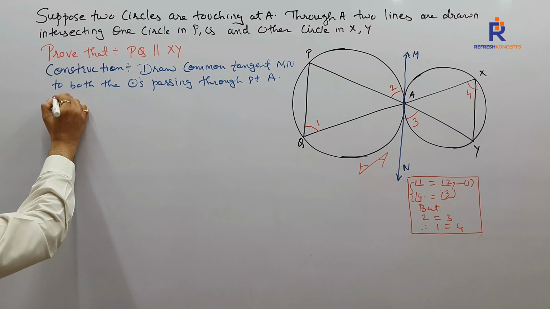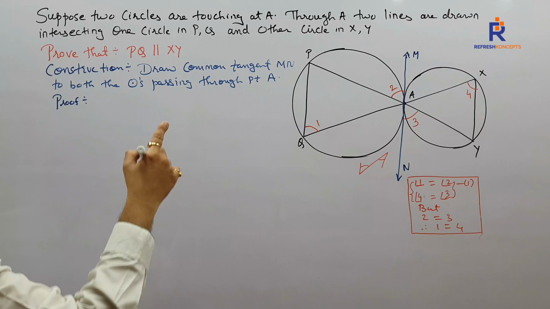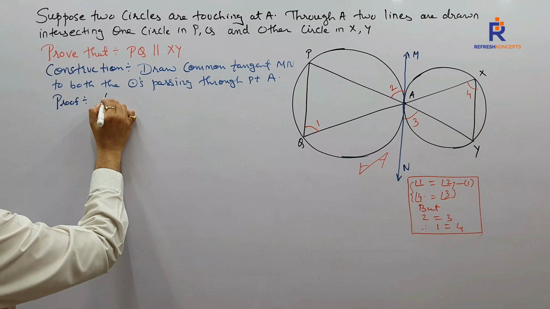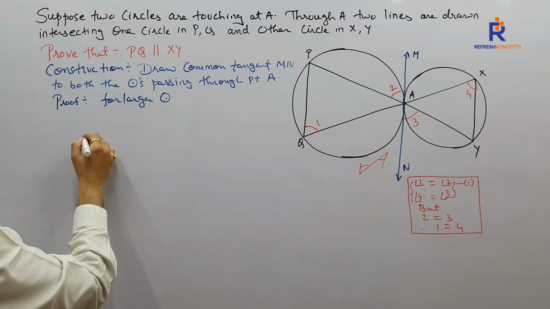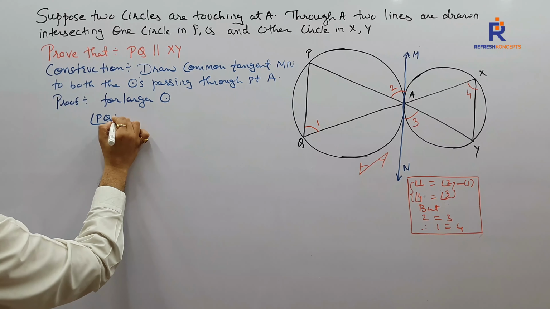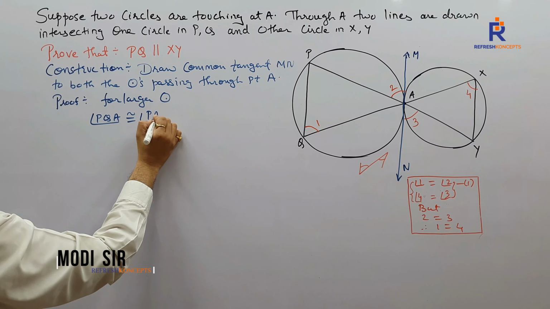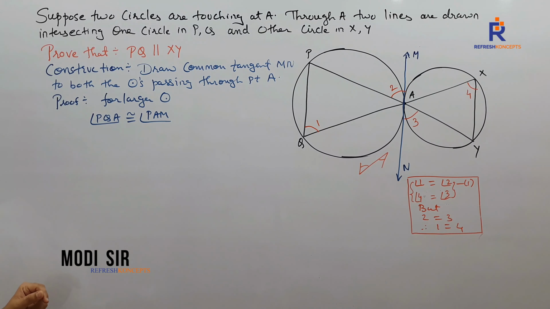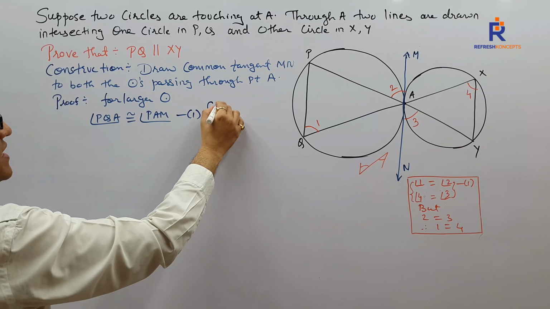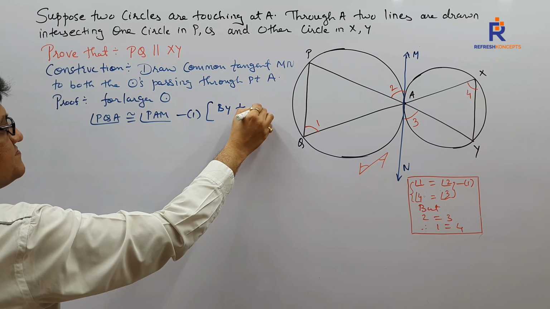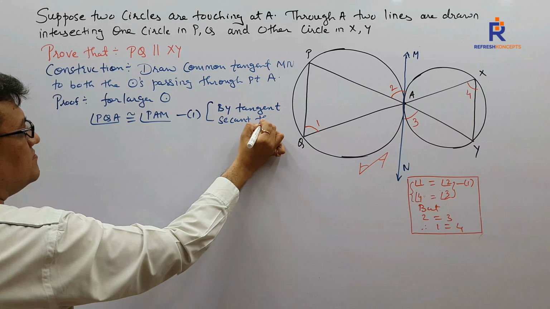So our proof starts now. We shall be saying it on the same lines. For the larger circle, angle PQA is congruent to angle PAM. That's what I'm doing. Equation number 1, following the skeletal solution, by tangent secant theorem.